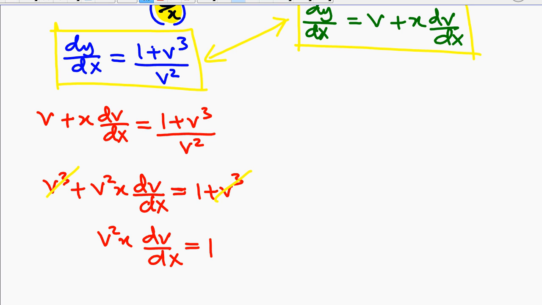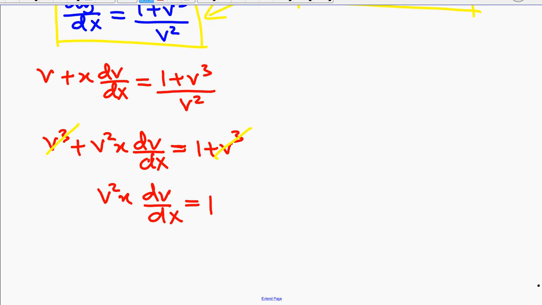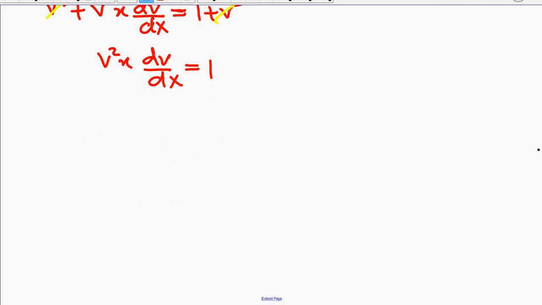Now remember, this is a separable differential equation, which means you can go ahead and separate the variables. So we'll end up with v squared dv will be equal to 1 over x dx. And then we can go ahead and integrate each side.